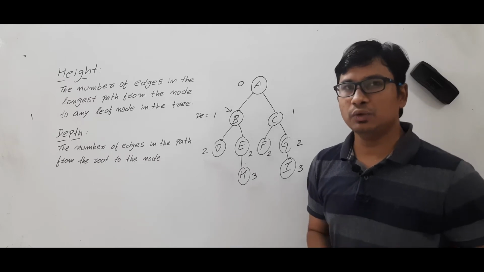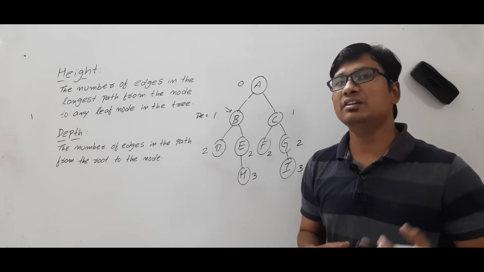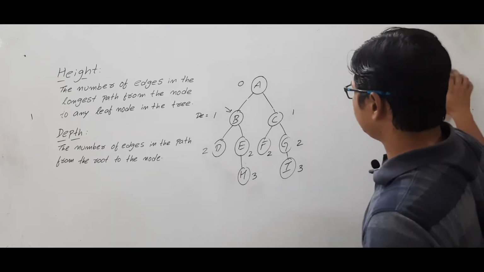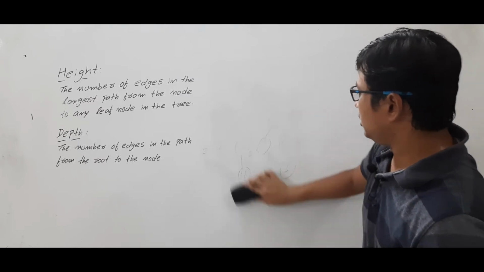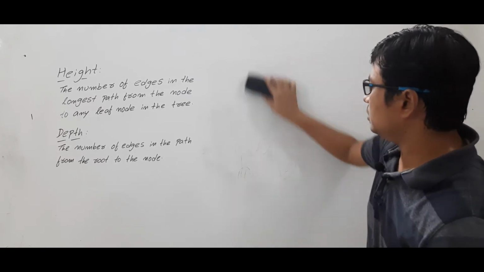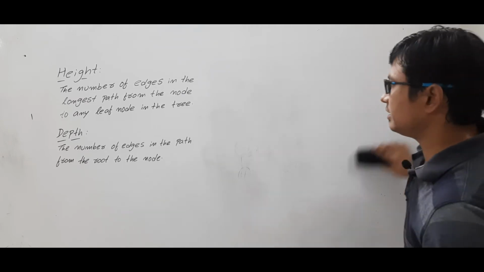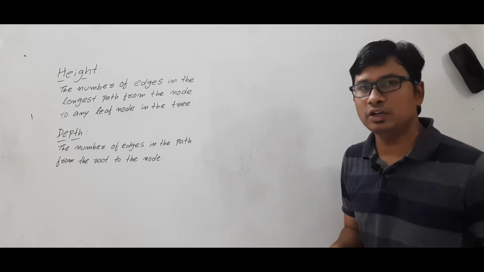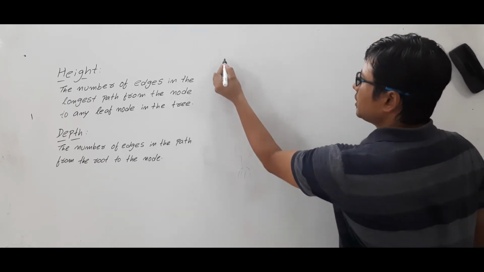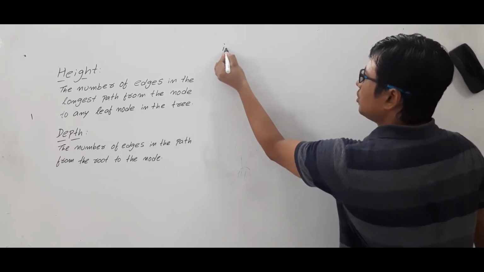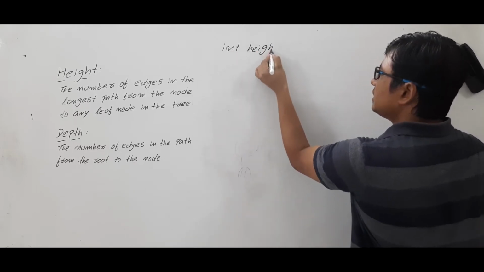Now I will write the pseudocode for computing the height of the binary tree. Let me erase this and use this space to write the pseudocode. This is very important for students who are preparing for placements. Let me write a function called int height, because it will return an integer value.